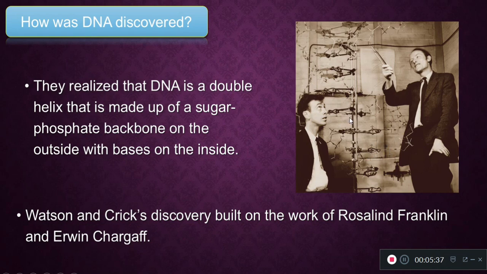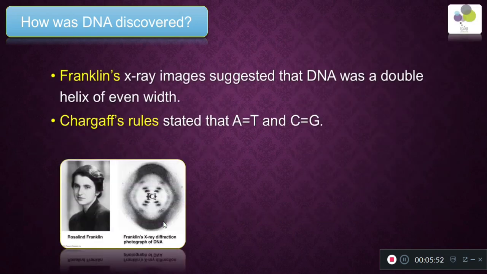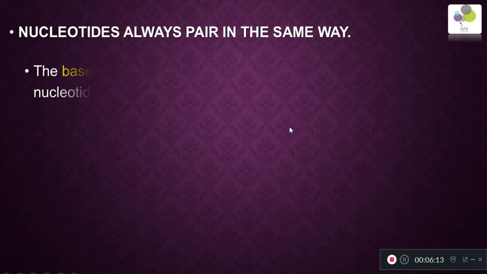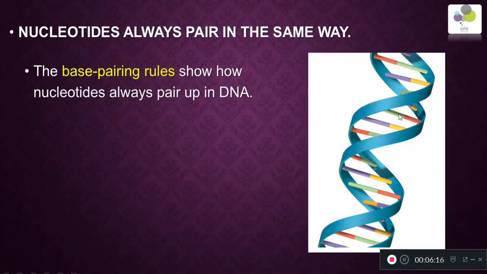They made this discovery building on the work of Rosalind Franklin, who took an image, and Erwin Chargaff, who made the Chargaff rule. The X-ray image that Rosalind Franklin took suggested that the DNA was a double helix of even width, and the Chargaff rule states that A equals T and C equals G. The amount of adenine equals the amount of thymine, and the amount of cytosine equals the amount of guanine.